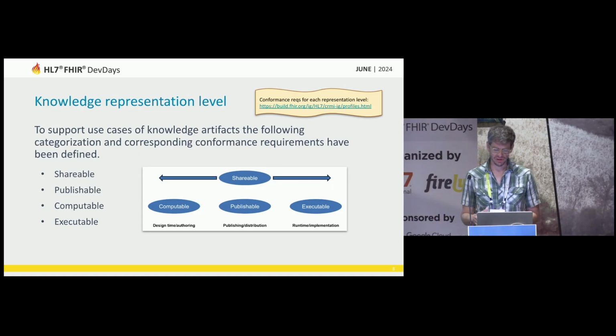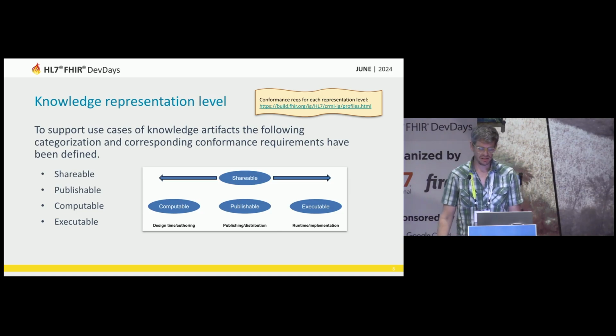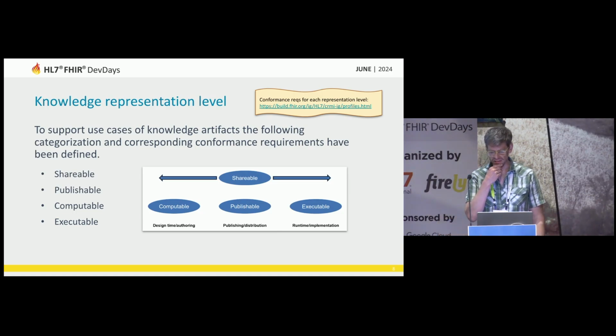And so part of CRMI is to start putting all those together and really focus on this artifact lifecycle and distribution. There are a couple of profiles that talk about what it means to be shareable, publishable, computable, executable. I won't get into the details because I don't think we have time, but you can check out those profiles there, but they all have certain validation and requirements to be considered at these.